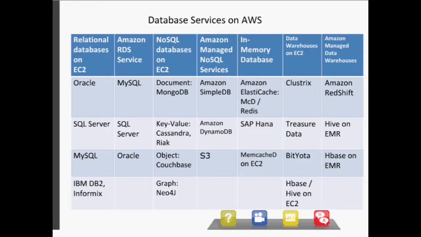So today there are myriad NoSQL databases running on EC2 that you can install and manage on your own. We also have our own managed NoSQL database services in SimpleDB and DynamoDB. And you can think of our storage service, S3, as a key value storage service optimized for very large values.